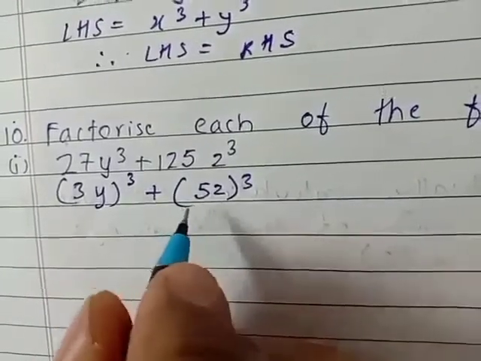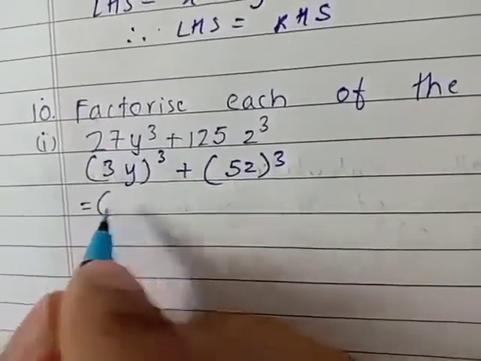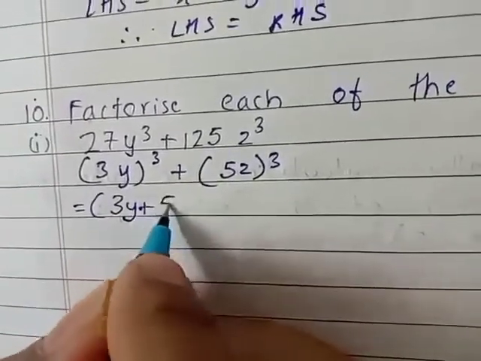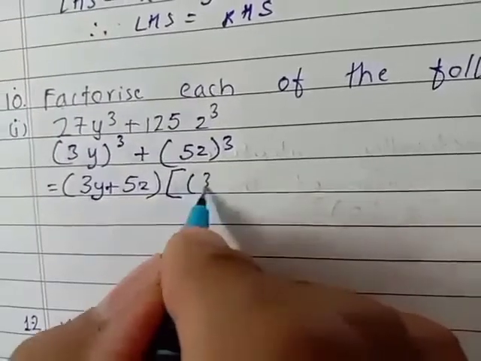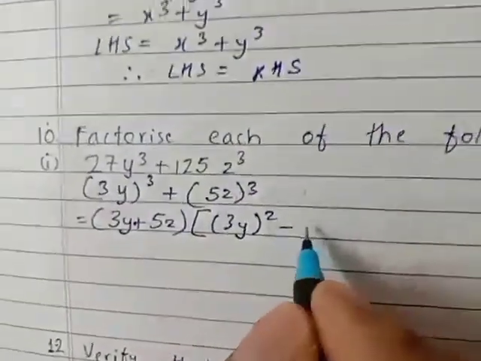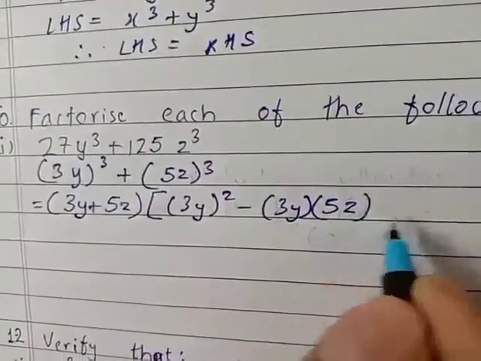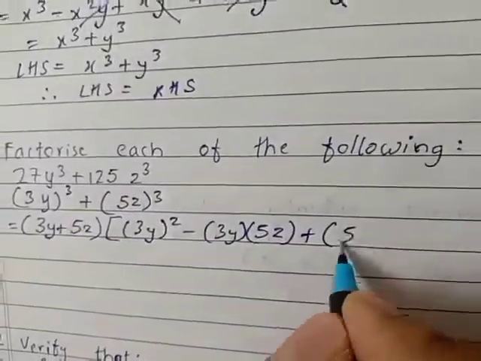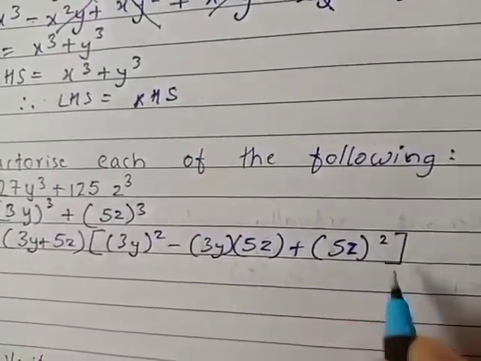Now this can be expressed as (3y plus 5z) into square bracket (3y) square minus 3y into 5z plus (5z) the whole square, bracket complete.